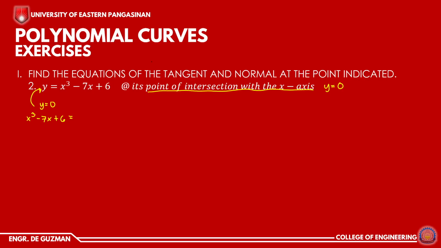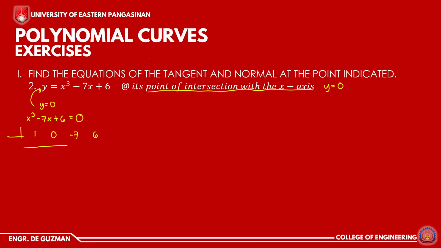So, para makuha natin yung mga value ng x, gagamit tayo ng synthetic division. So, kunin natin yung mga coefficient ng bawat term. So, 1 for the x cubed and for the x squared ay wala. So, 0 ang ilalagay natin. Negative 7 and positive 6.